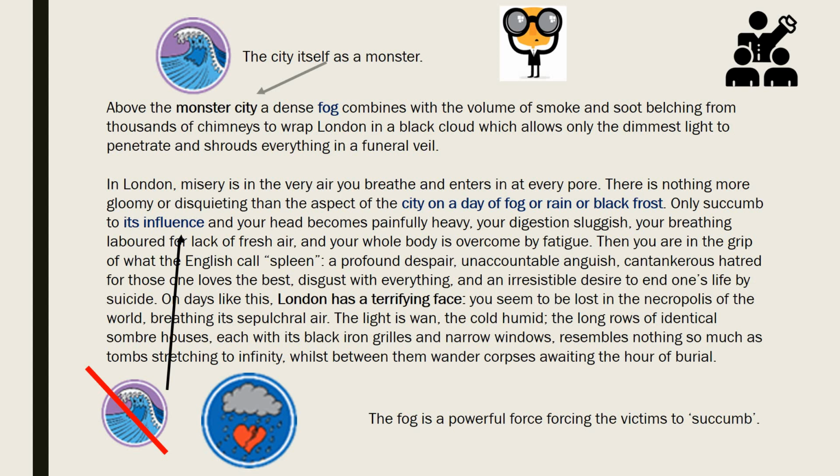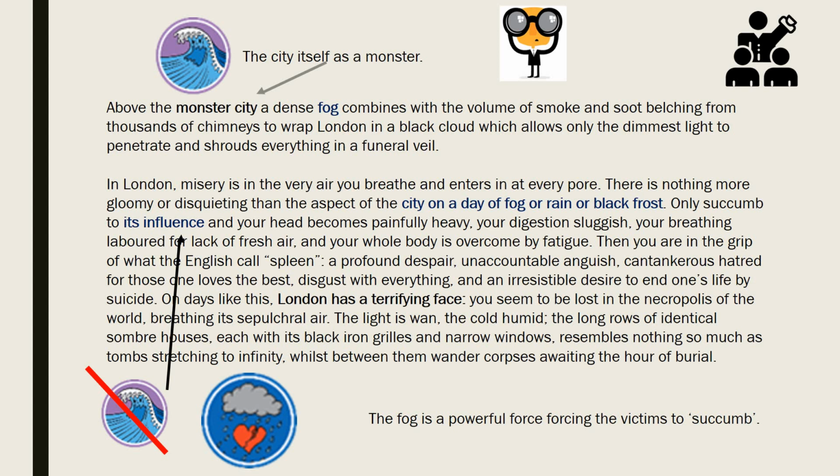So the fog is having a physical effect on the person, but also an emotional effect. The despair, the anguish, the cantankerous hatred for those one loves the best, disgust with everything, and leading to inevitably wanting suicide. That's incredibly dramatic.